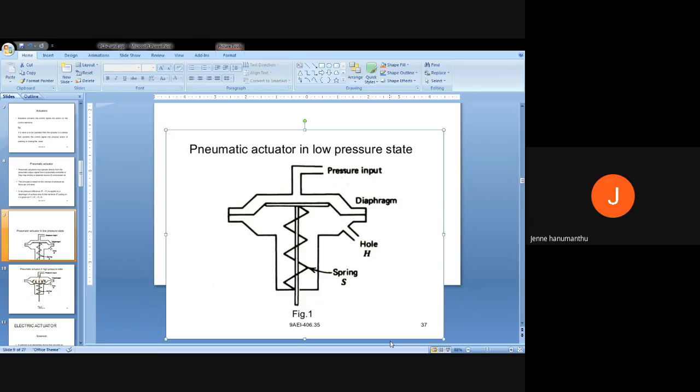The pneumatic actuator simply converts the air pressure into mechanical force with the help of a diaphragm.